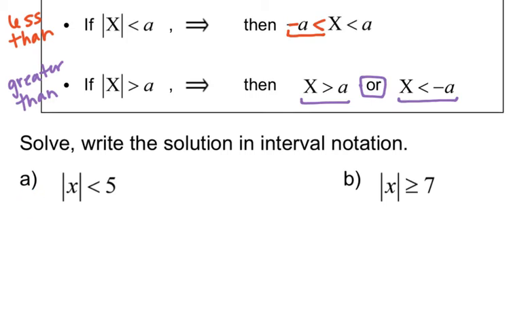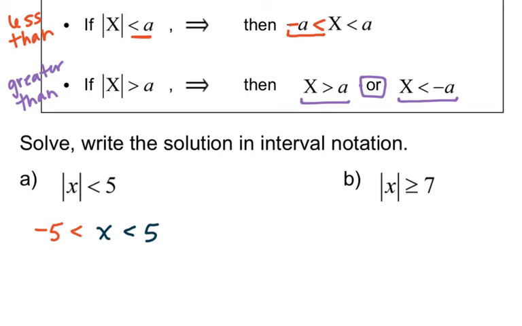For example A, we have the absolute value of x is less than 5. This is a less than situation. What that means for us is I'm going to take that 5, write negative 5 less than, and then my expression in the middle, x, less than 5.